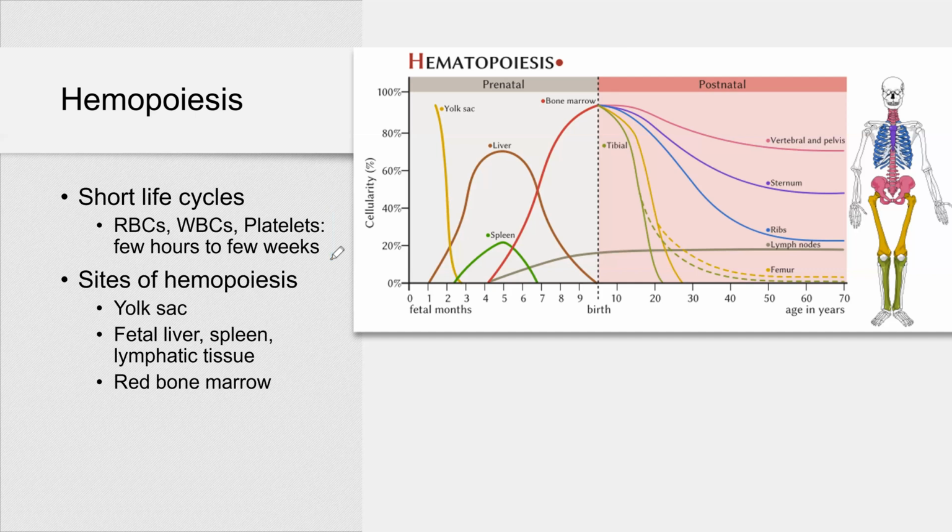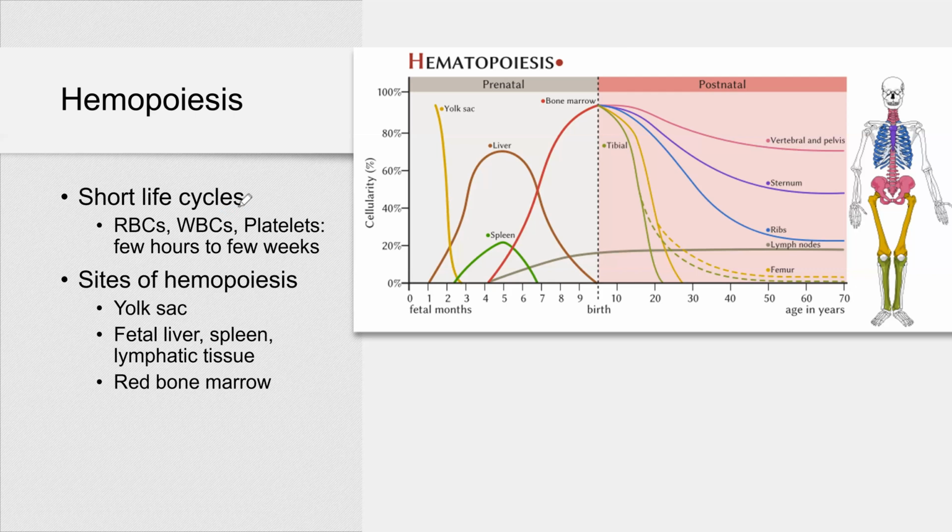That's why you constantly need to produce new blood cells, including erythrocytes, lymphocytes, platelets, and leukocytes. So leukocytes are white blood cells, lymphocytes are a type of white blood cells.